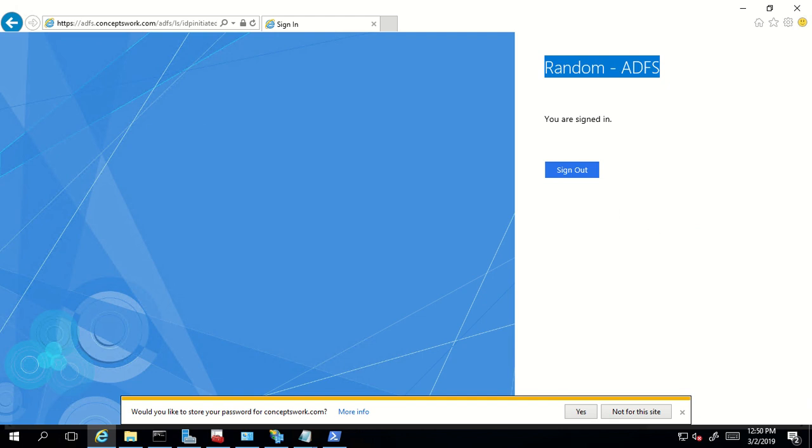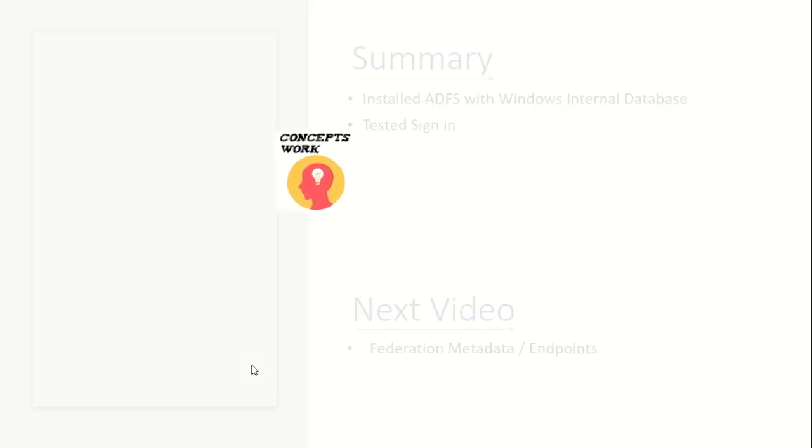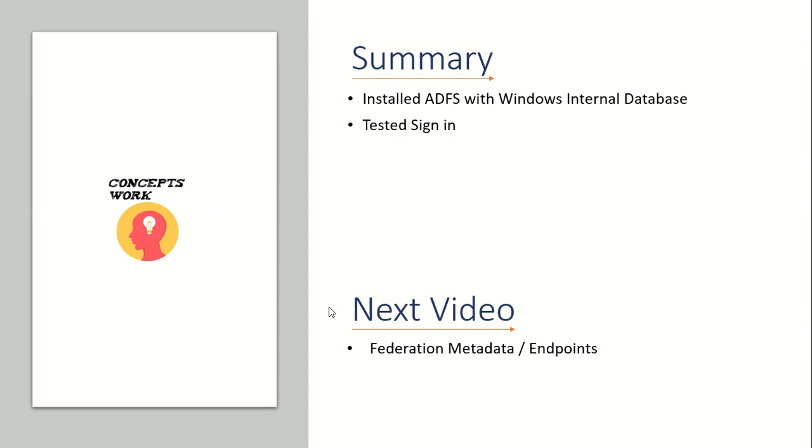So guys, this was all about this particular video, wherein we have covered a lot of content in terms of installation of ADFS with the default set of methods, wherein Windows Internal Database is used for saving the ADFS configuration. We have also tested the sign-in from the ADFS IDP initiated sign-on page.